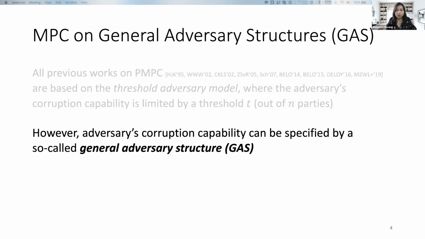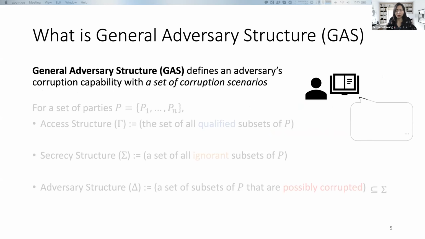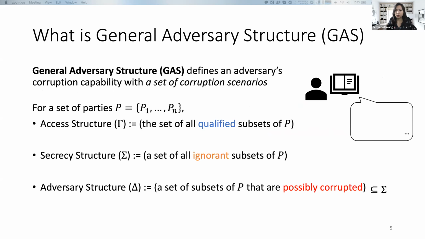However, the adversary's corruption capability can be specified more generally by a so-called general adversary structure. A general adversary structure defines an adversary's corruption capability with a set of corruption scenarios. That means a trusted third party defines a GAS, which consists of three structures.